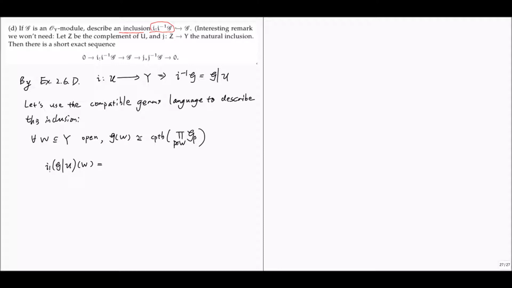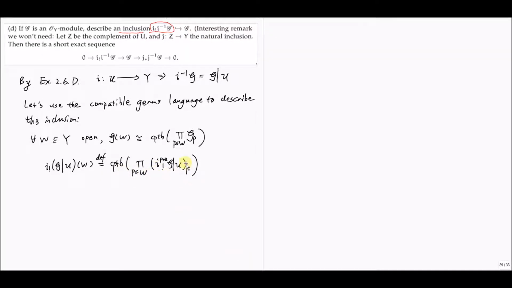The section of this sheaf over U is the extension of the restriction of G to U, which is isomorphic to the compatible germs in the product of the stalks of i^{-1}G, the restriction of G to U. This is actually the definition of the sheafification.